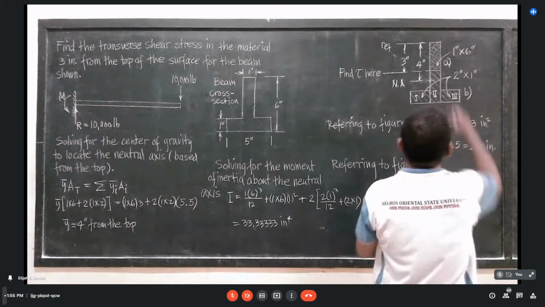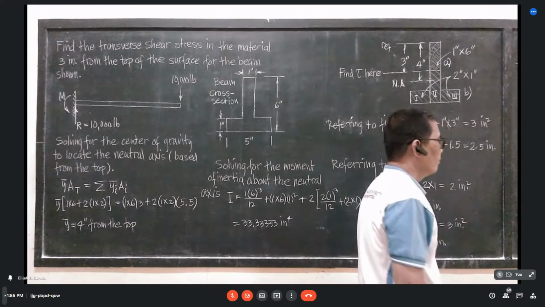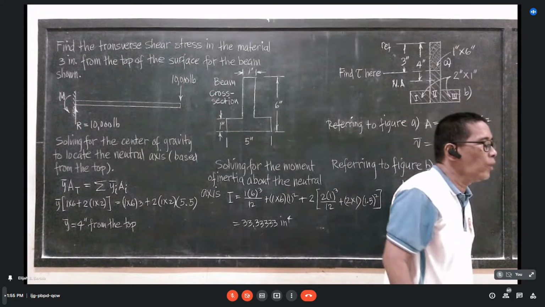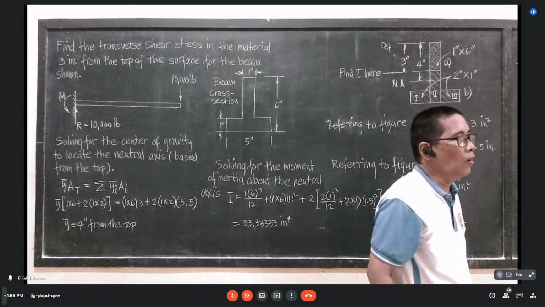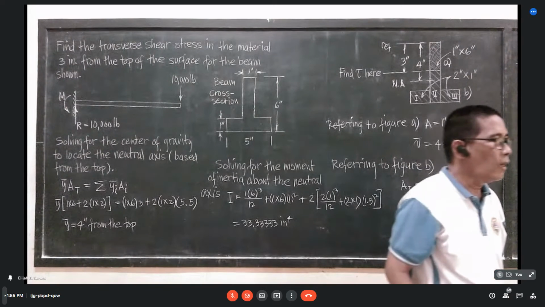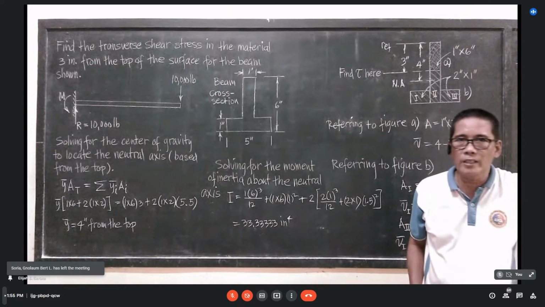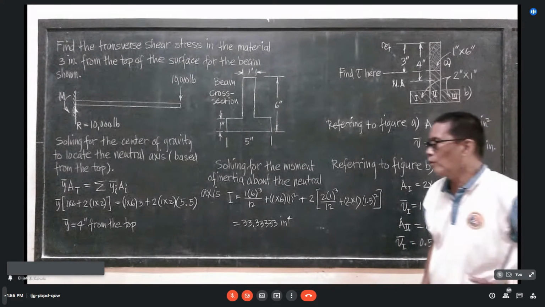What is the moment of inertia of a rectangle about its centroid? All the formulas that I have given are actually the formulas of moments of inertia about the centroid. So, the rectangular one should be what? BH cubed over 12.